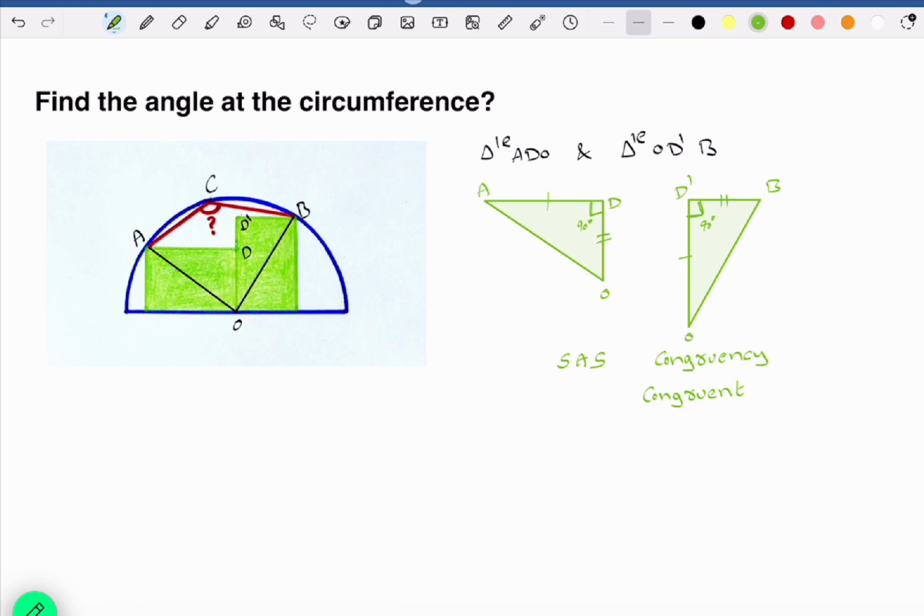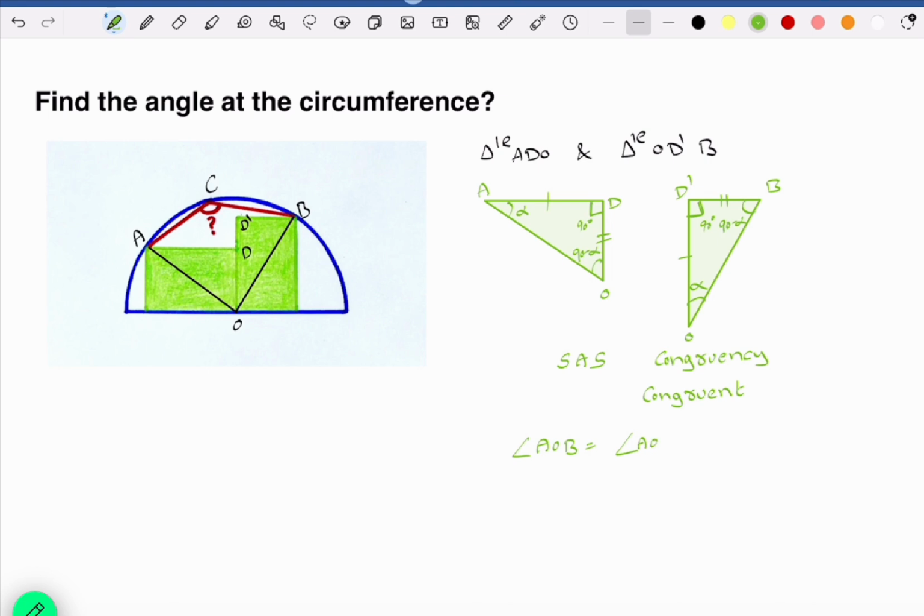So if I am treating this angle as alpha, this will become 90 minus alpha, right? As the sum of angles in a triangle is 180 degrees. So this one becomes alpha and this one becomes 90 minus alpha because of the congruency. If you observe properly, we can write angle AOB as the sum of two parts, right?